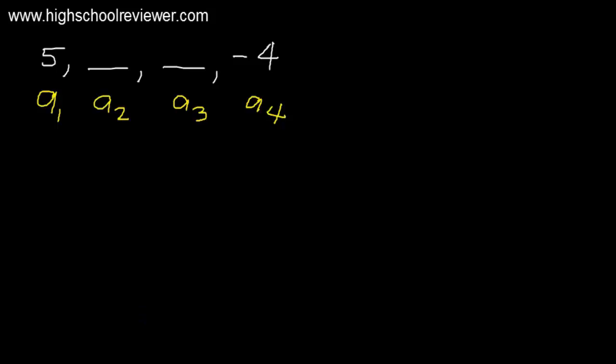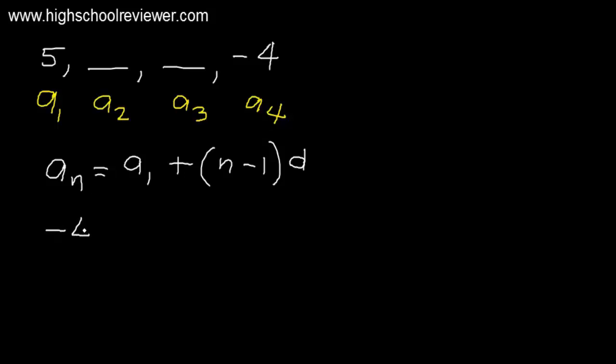To find the value of d, we need to use the equation a sub n is equal to a sub 1 plus n minus 1 multiplied by d. For a sub n, we need to use a sub 4, and the value of a sub 4 is negative 4.